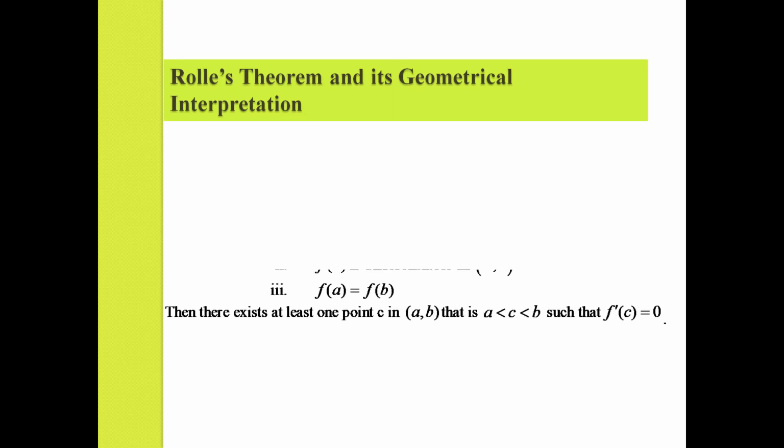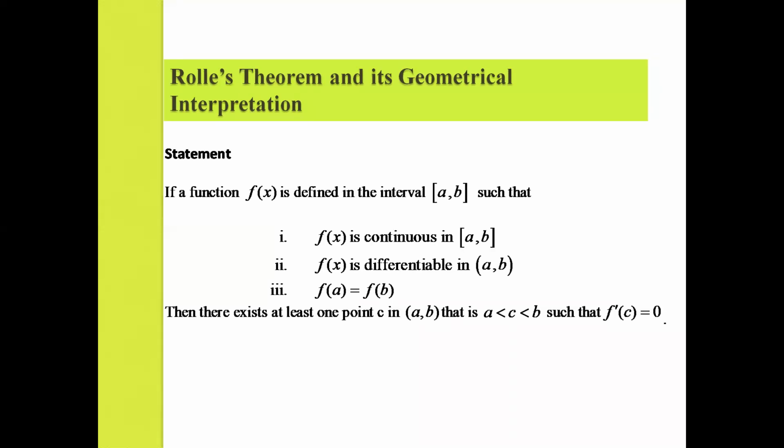How to state Rolle's theorem? Very simple. Suppose I consider a simple real valued function f of x, defined over the interval a comma b. Then there are three conditions.